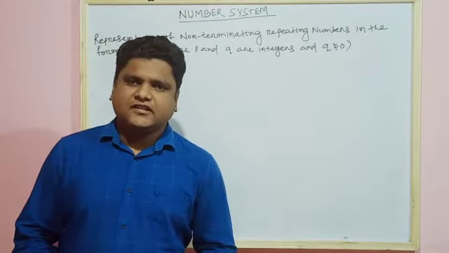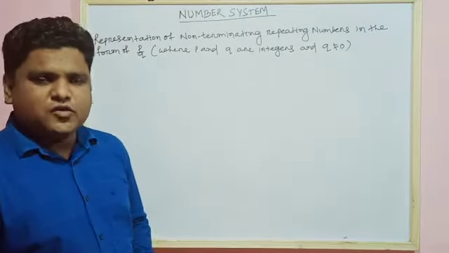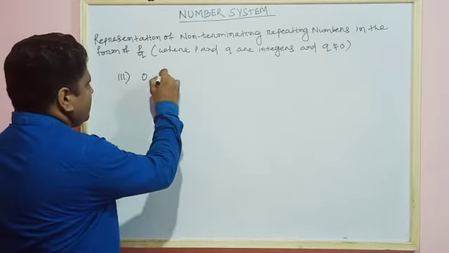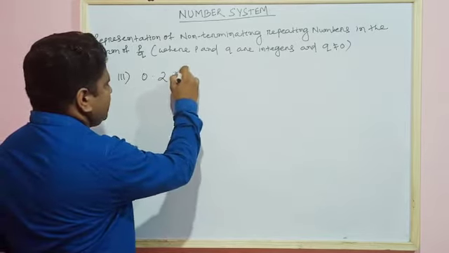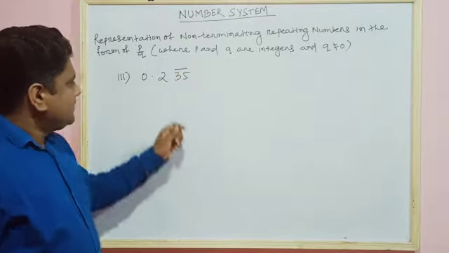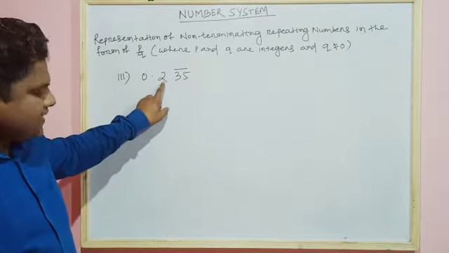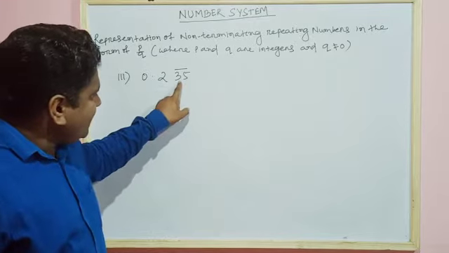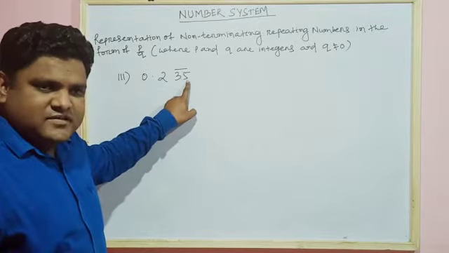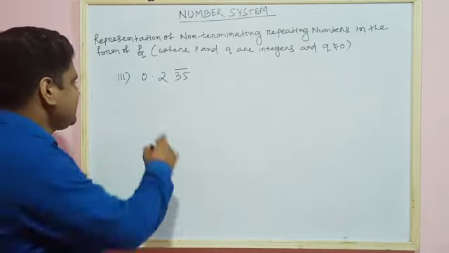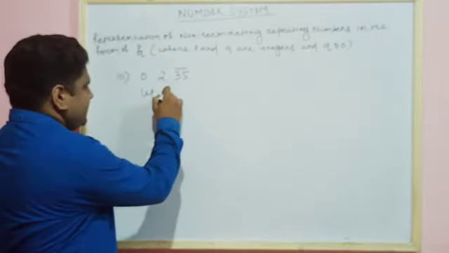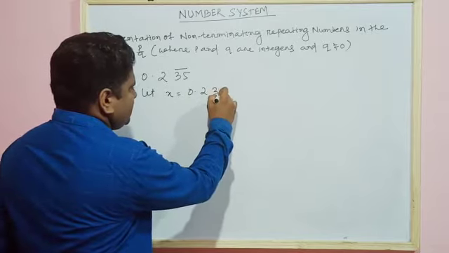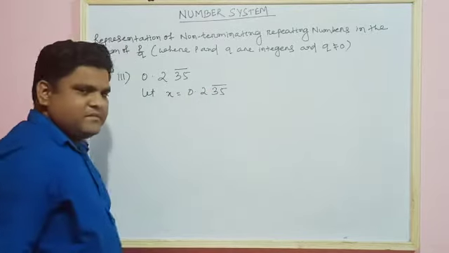Let's take another example, that is 0.235 bar. After the decimal, there is a digit where bar is not present, and on the other two digits there is bar. So this can be written as, let x equal to 0.235 bar.